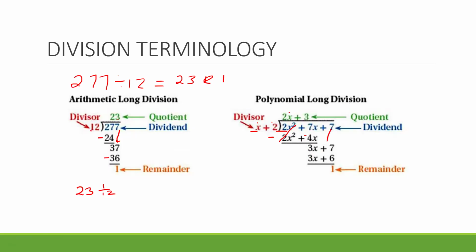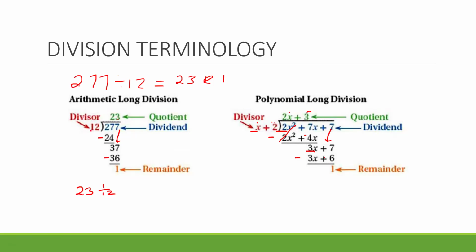And then we bring down. And we repeat. Does x divide into 3x? And the answer is yes. X divides into 3x 3 times. So we get 2x plus 3. We're going to multiply 3 times x, multiply 3 times 2, and we get 3x plus 6. After we multiply, we then subtract.